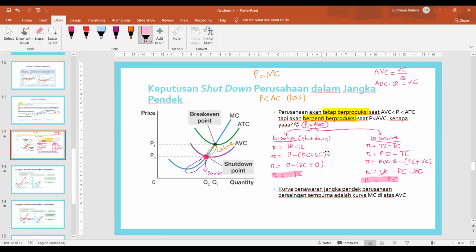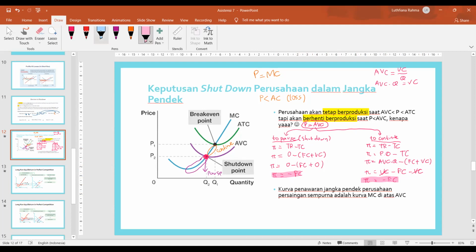So the two conditions are literally the same. So we could say that the firm is indifferent between shutdown and continue the production. They are confused which condition they should choose.